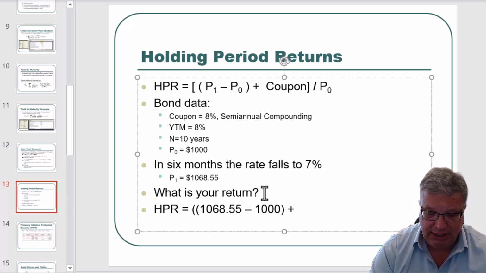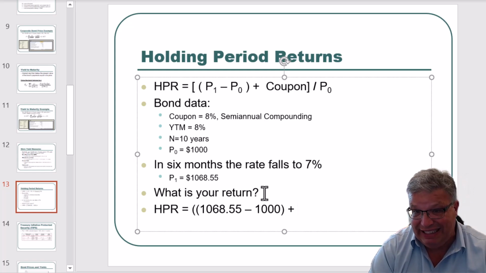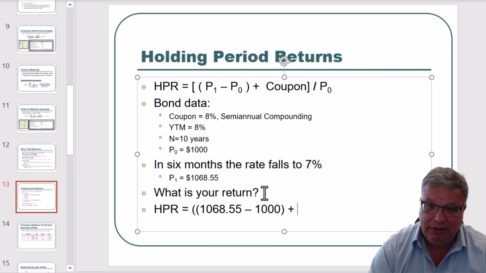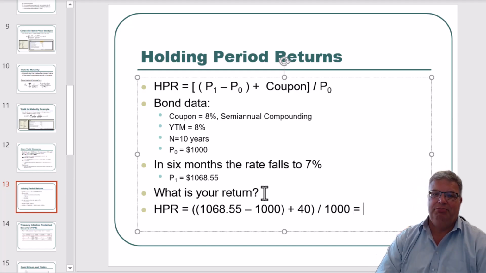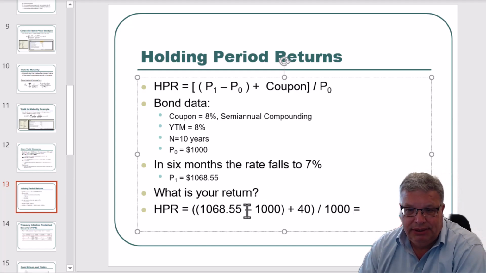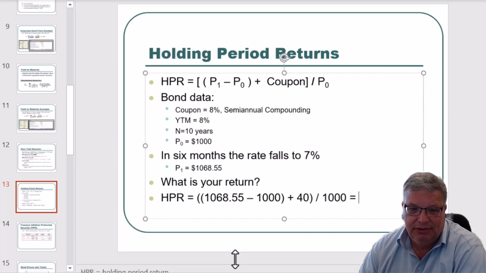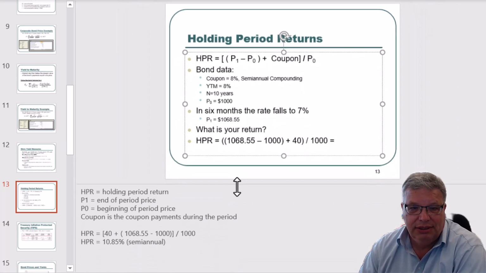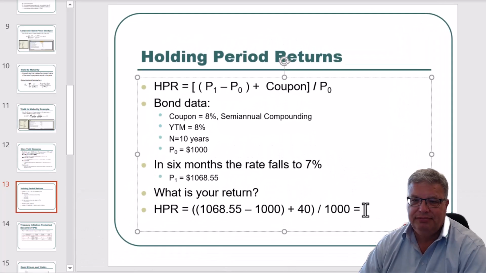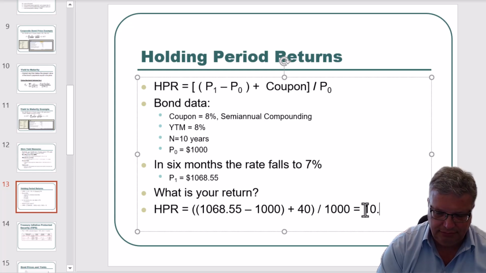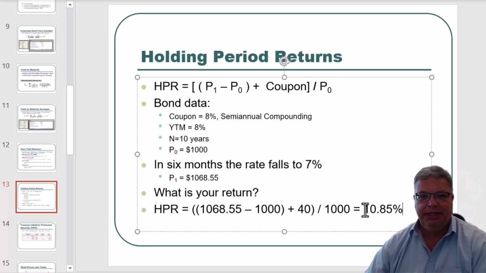So it's going to be 8% of 1,000 is 80. But it's split over 2 payments in a year, so it's going to be $40 per period, right? And then we just divide that by the initial price of 1,000, and that should give us our holding period return. And let me just double check here. Looks like 10.85%.